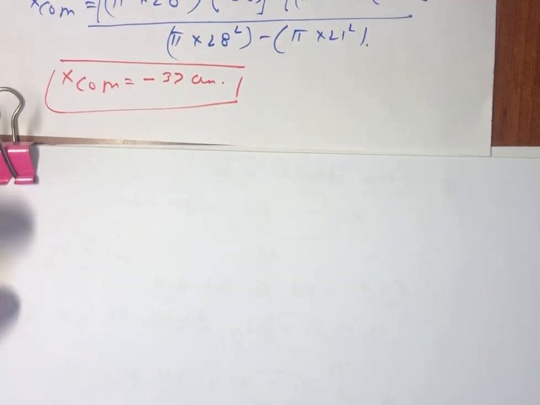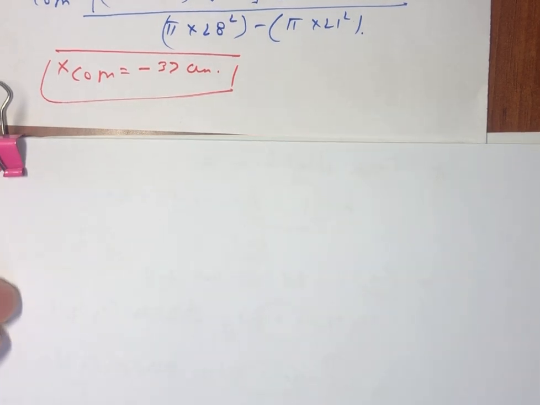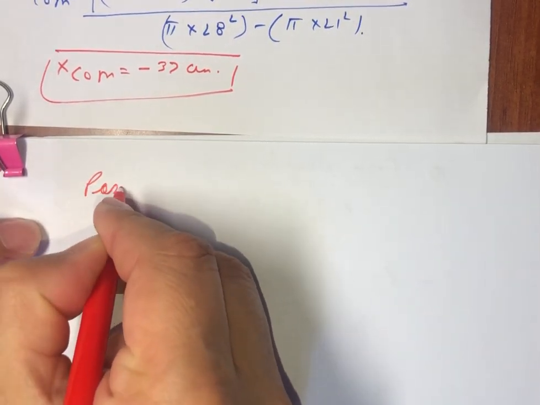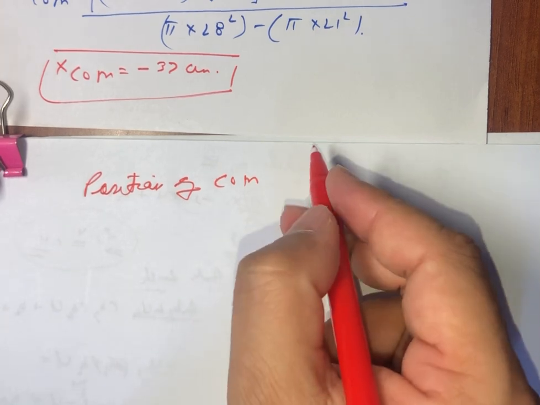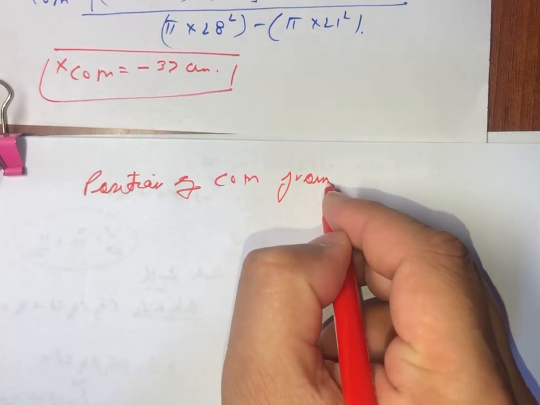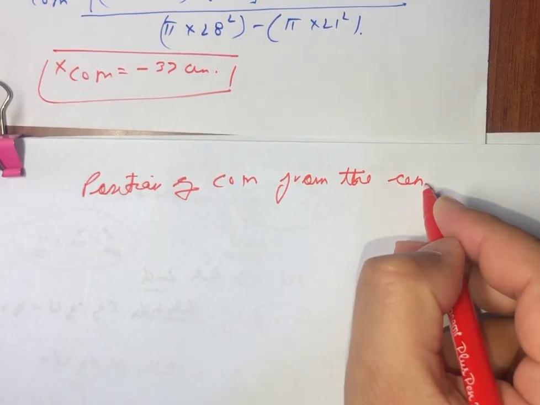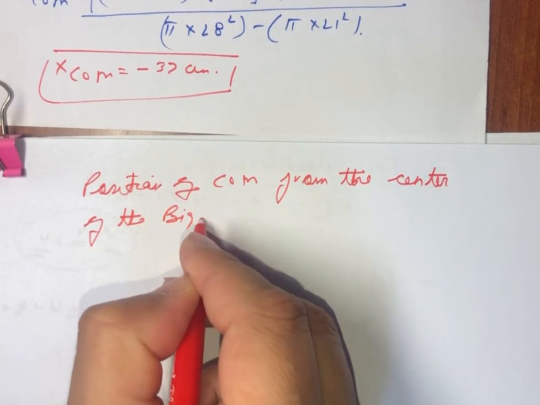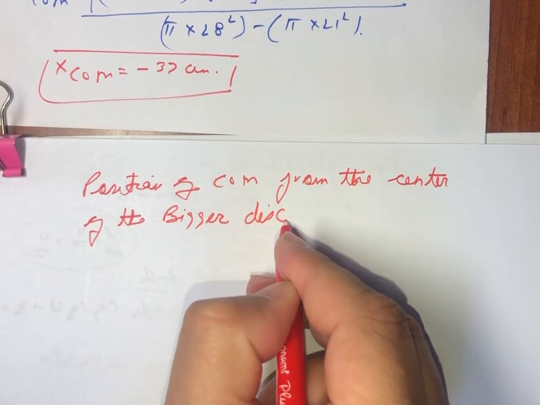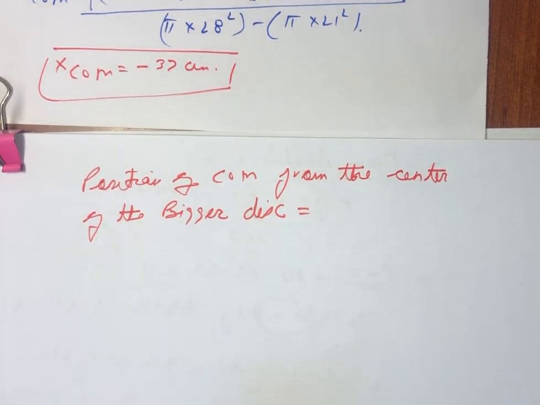Therefore, we can say that the position of center of mass from the center of the bigger disk is equal to, we can once again draw a figure here.